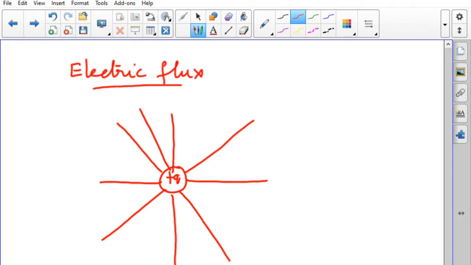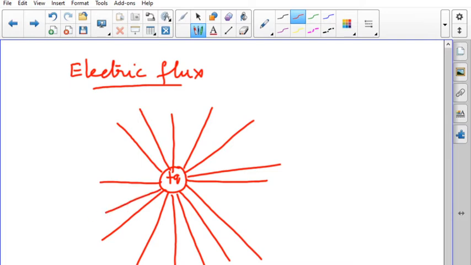All are directed outwards. Why? Because it is a positive charge, so the field is directed outwards.